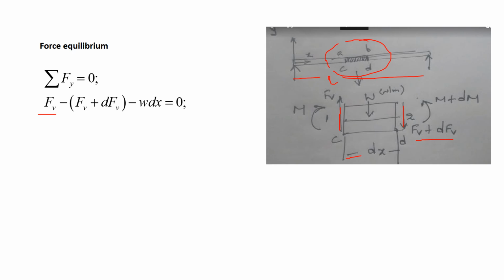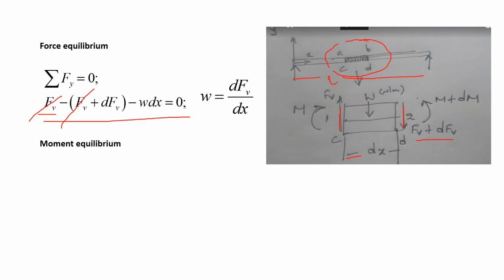Load into displacement gives the shear force. This is under equilibrium conditions. So in this equation, we can find w is equal to dFv by dx, because the Fv and Fv cancel, and finally w, the UDL load, is equal to dFv, the vertical force, divided by dx under equilibrium conditions.